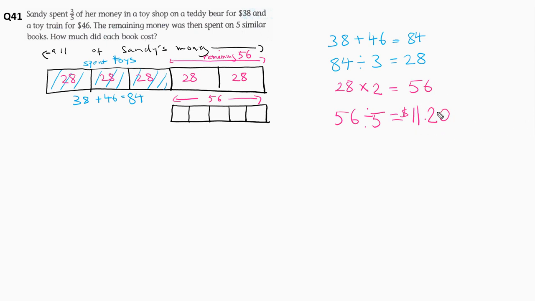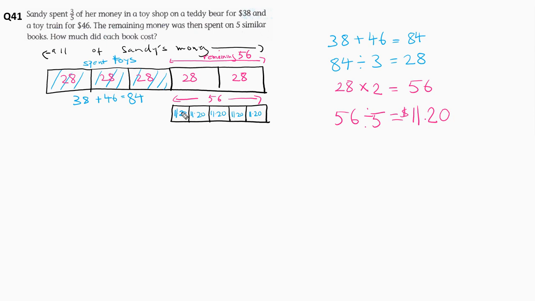If it's money, we don't want to have a fraction, we want to have a decimal. So this is 11.20. Can you see how when we've got money, I don't say 11.2, I say 11.20? That's what we do when it's money.